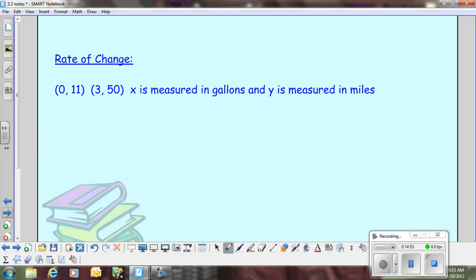To find miles per gallon, now listen guys, you are going to use slope. Remember, this is miles, this is gallons. So I am going to use this formula.